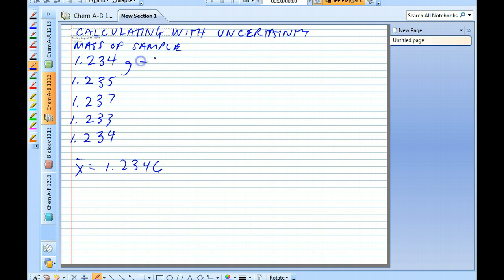All right. Now, if I subtract this from each of these values, I'll get my deviations. Now I'm just going to get the absolute values here.